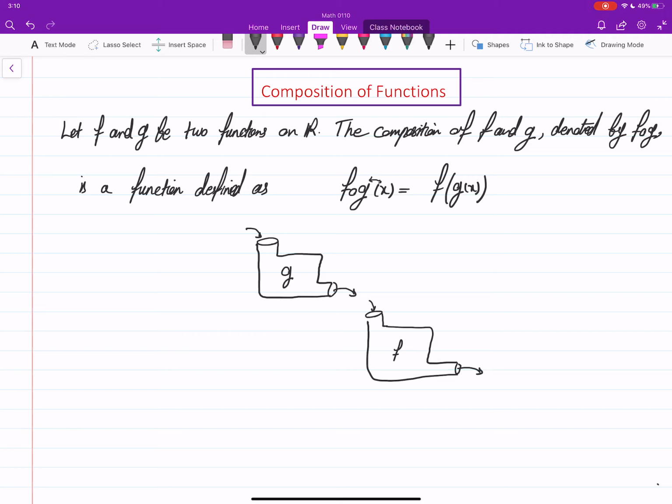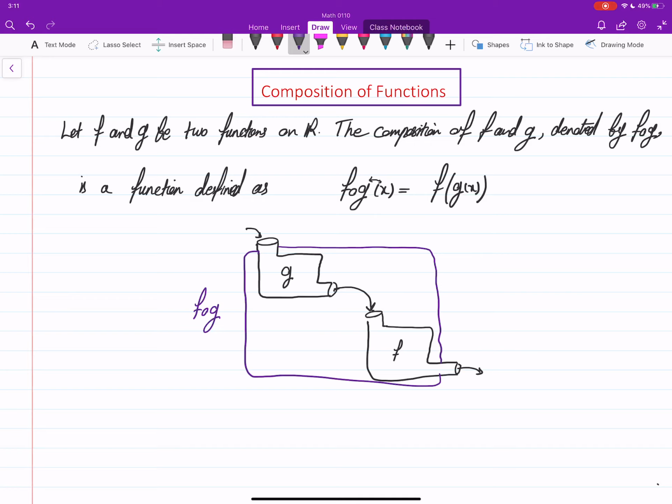Now we want to make a bigger machine using these two by connecting the output of g as the input of f. So what we do is that we basically take the output of that guy g and put it as input of f. And well, one can say that this basically gives us a large box, a large machine. We call that guy f∘g.